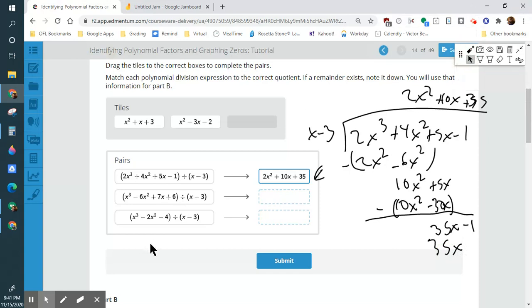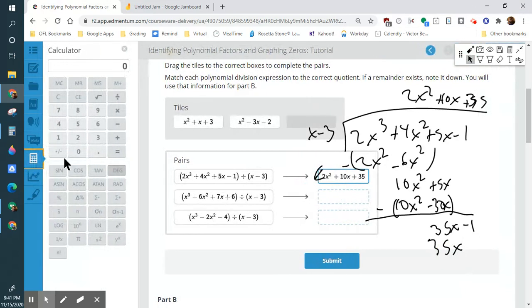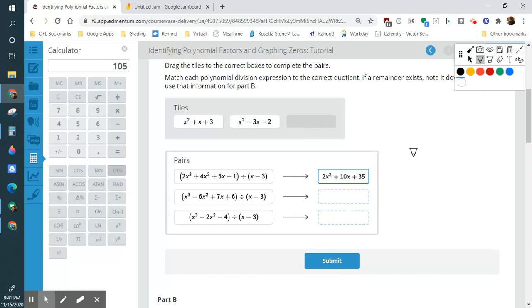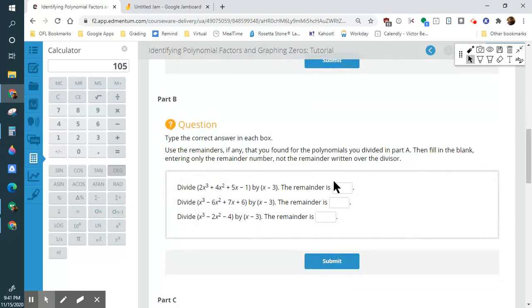Give me a second. 3 times 35. 35 times 3. 105. So this is minus 105. The negative makes a positive, so it's going to be 104. So we have a 104 for this. Now, considering that they told us to write that down for part B, I'm going to just go to part B and finish it. 104.